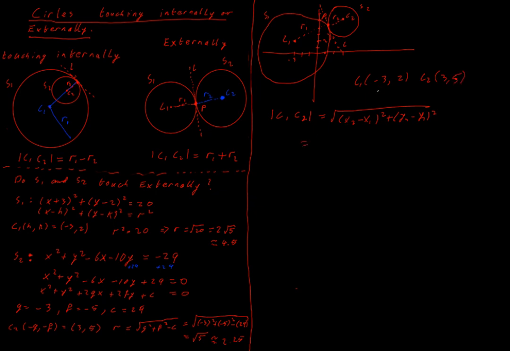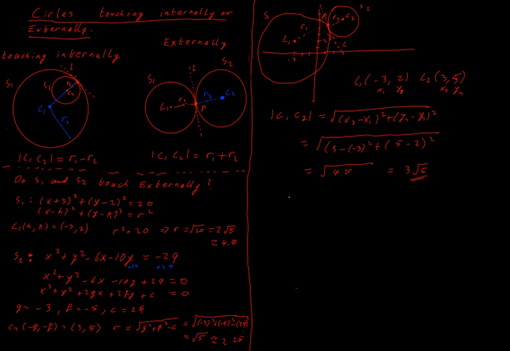So subbing in x1, y1, x2, y2, I get (3 minus -3) squared plus (5 minus 2) squared. When I work that down, I get the square root of 45, which is 9 by 5, so I end up with 3 root 5. So that's the distance between C1 and C2. That's the distance between the centers.